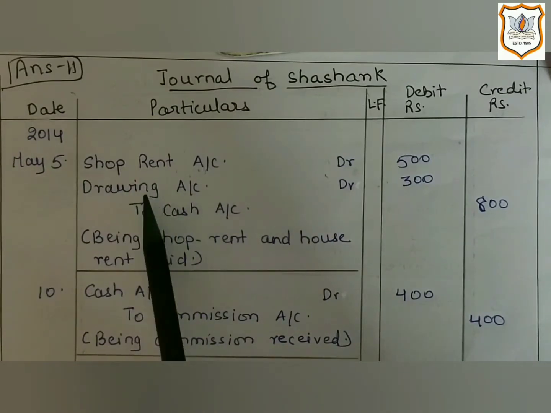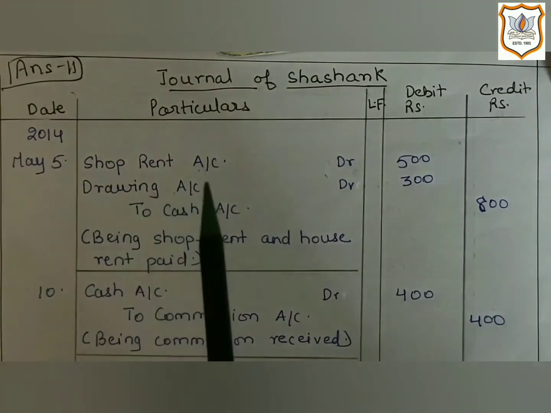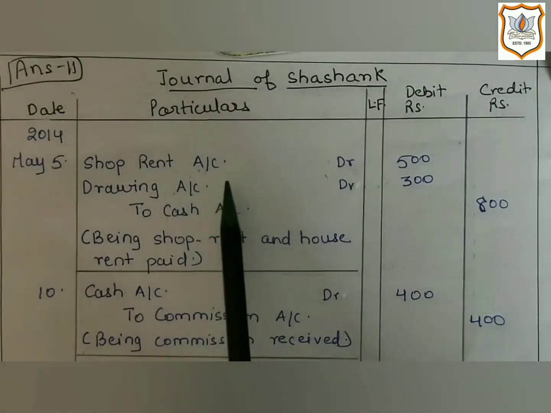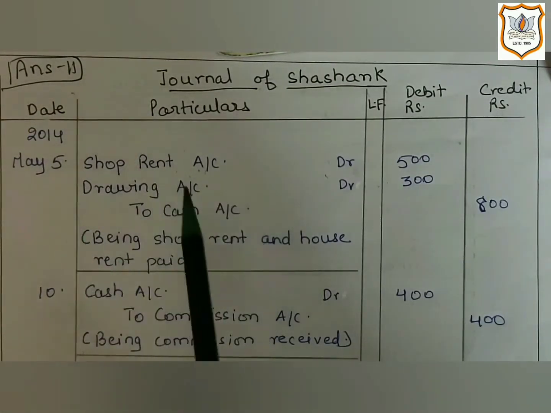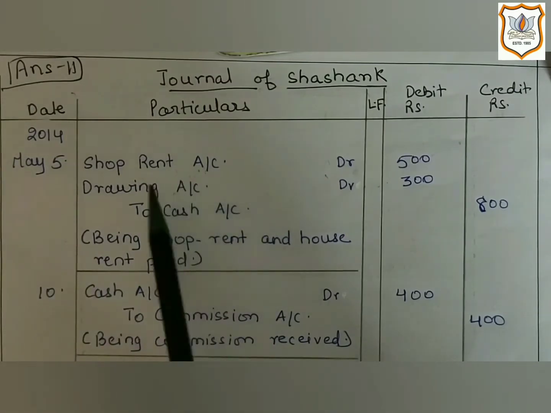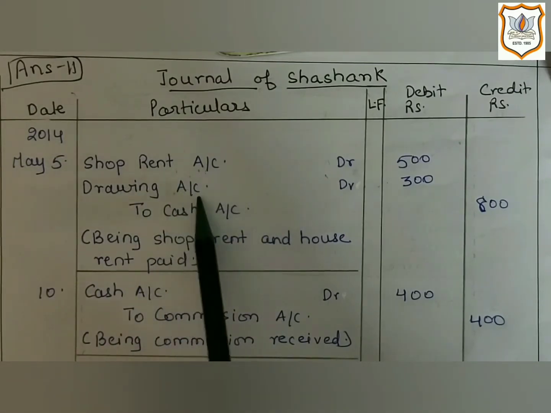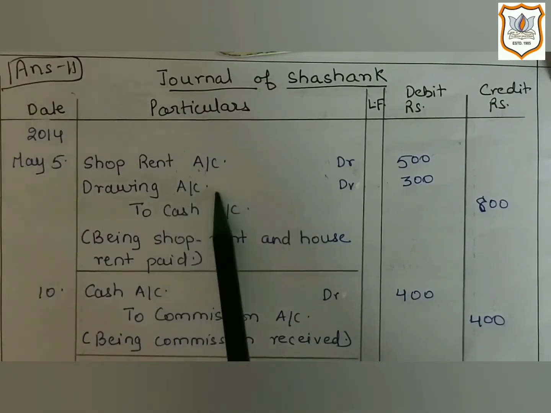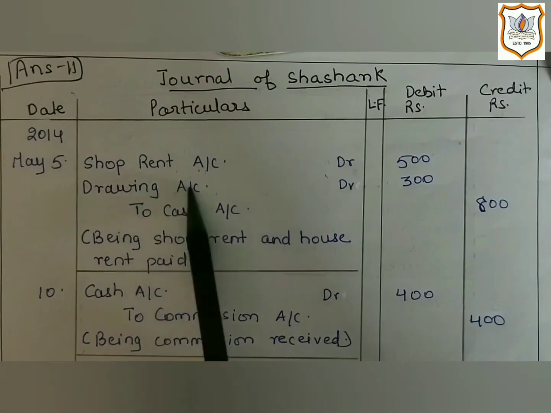Then drawing account will be debited as owner has made payment for house rent, which is his personal expense. That's why here drawing account will be debited. Here we have applied the rule of personal account. Here owner is the receiver of benefit.